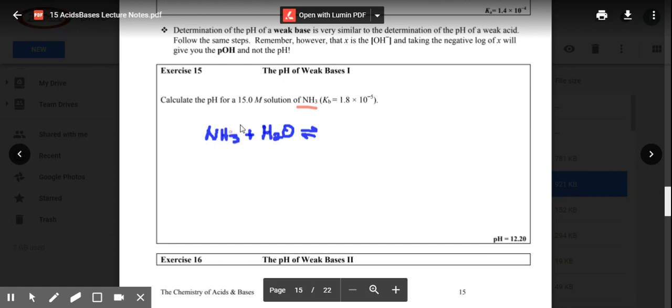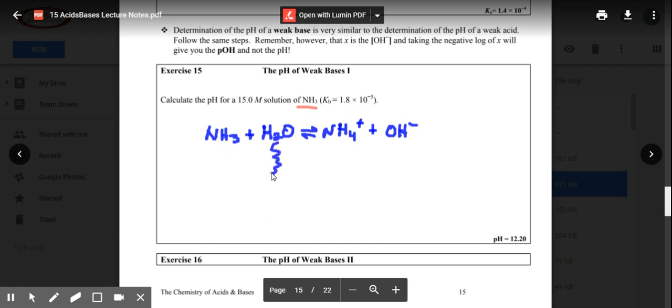So the hydrogen is going to be donated here, so it's going to make NH4 plus, hydrogen ion I should say, plus what's left over of water, which is OH minus. So you see how you don't have any H3O pluses here. So that lets us know that one, I'm going to have to solve for my OH concentration, and two, I have to use a Kb value to get that.